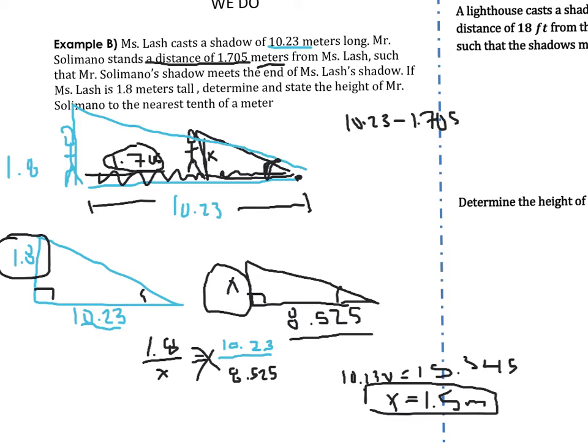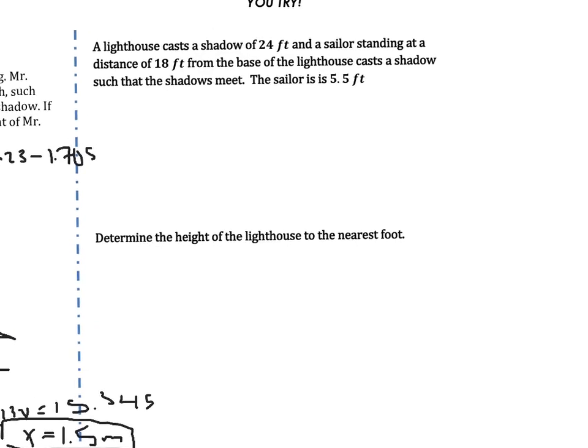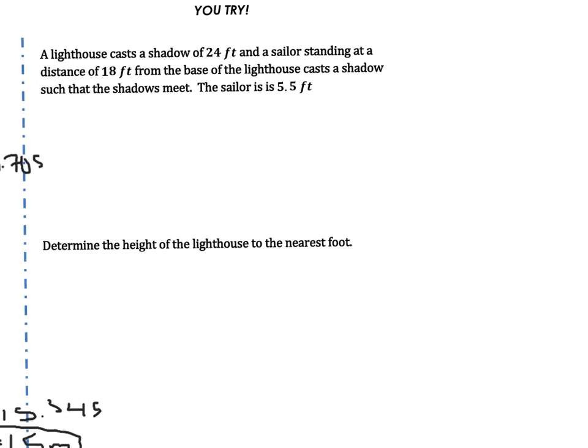So I want you to pause the video and you're going to try round 1. It's about a lighthouse. All right, pause the video, give it a try. All right, so first thing we need to do is definitely draw the picture. So we got a lighthouse, and a lighthouse is tall.